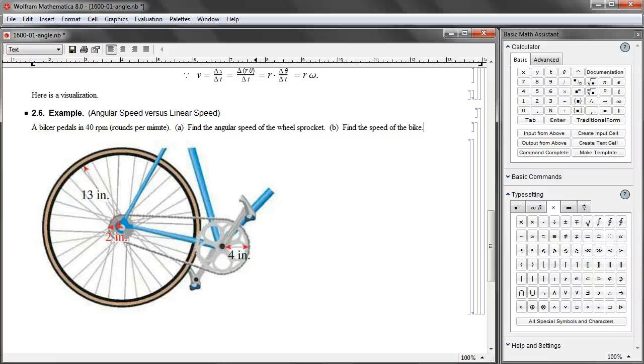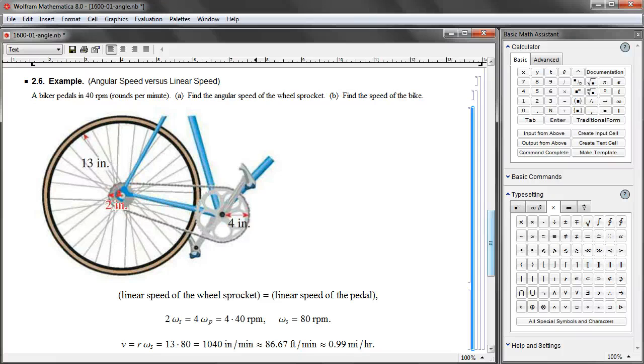Now if you find that angular speed, use it with 30 inches to find the linear speed of this wheel, and that speed will be the speed of the bike. So this is a multiple-part problem, and let's go.